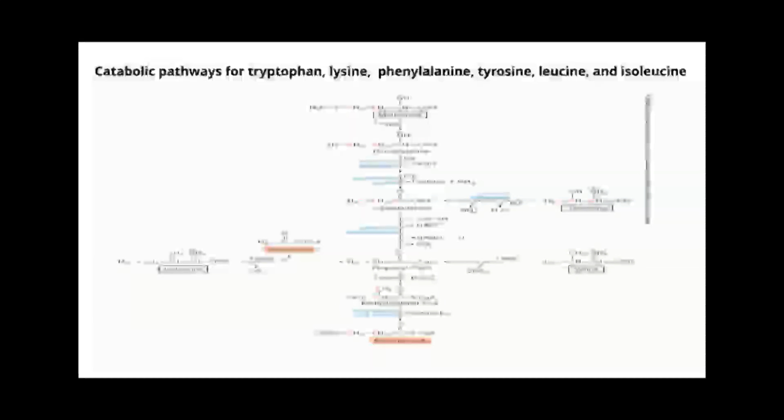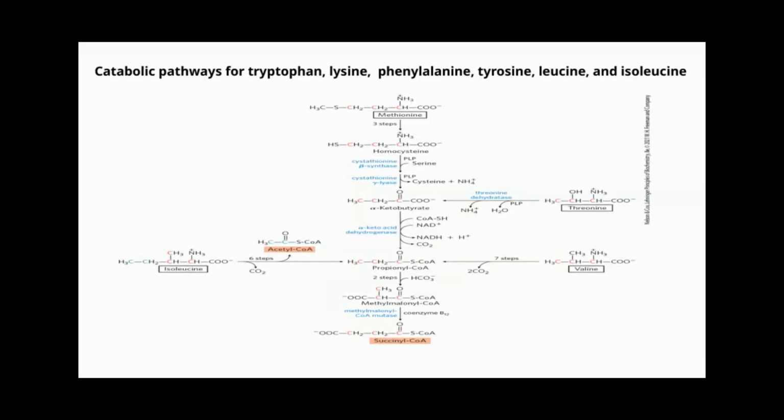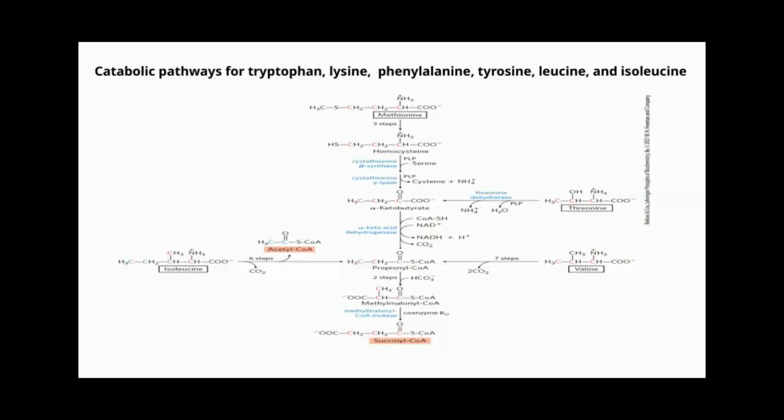For example, tryptophan is broken down into nicotinamide adenine dinucleotide precursors, while leucine and isoleucine are branched-chain amino acids that feed into energy-producing pathways. Understanding these pathways highlights how interconnected amino acid catabolism is with overall metabolism, supporting our theme of metabolic integration and regulation.